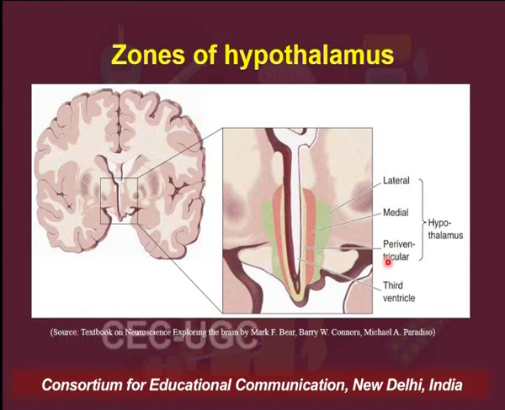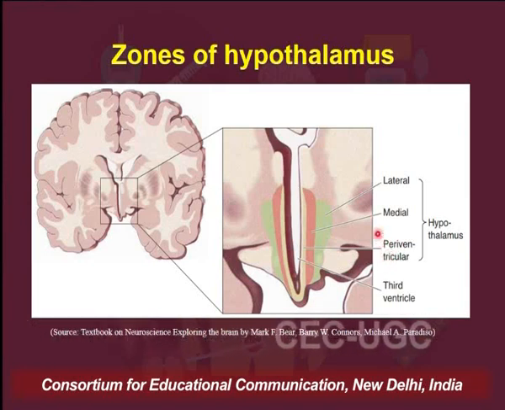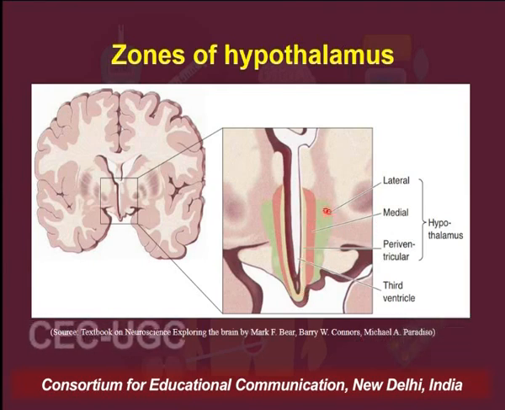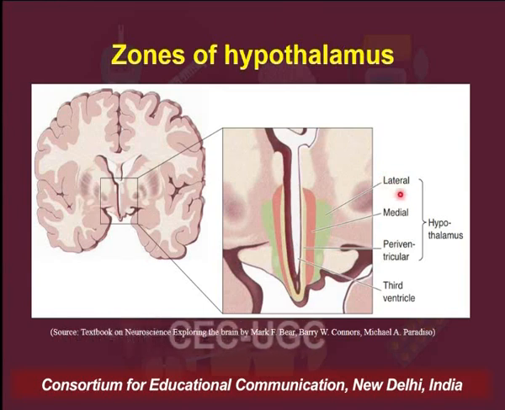Surroundings. The word ventricle refers to the space. So periventricular is the first region around the third ventricle. This is one of the zones of the hypothalamus. Now next to periventricular lies the medial region, which is shown with this pinkish or orange colored region. And outside of that lies the lateral hypothalamus.